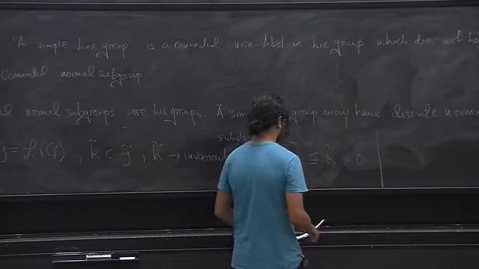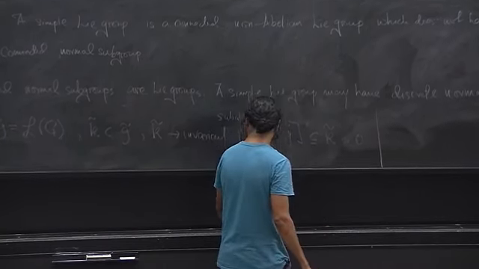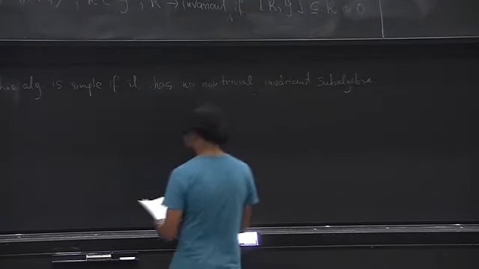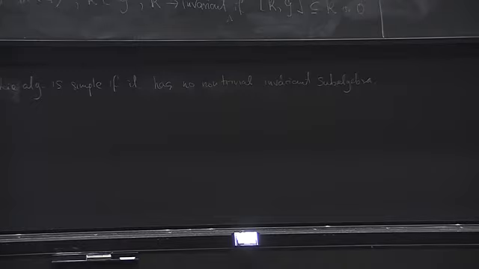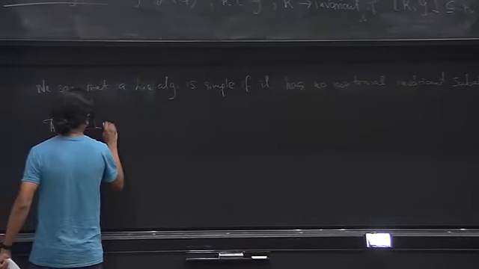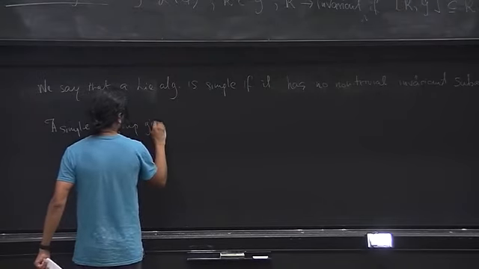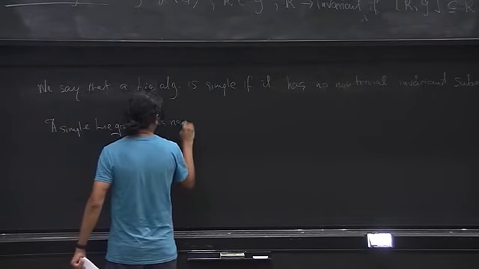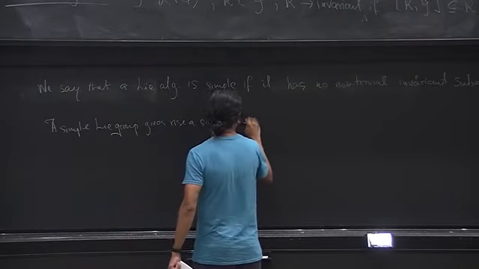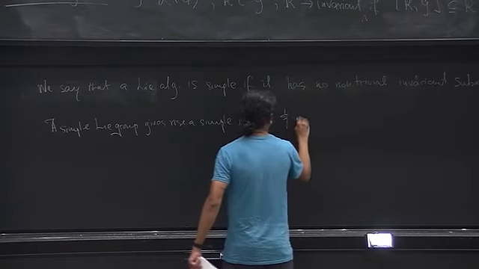Right, technically you don't need the zero because it's already included. Okay. So a simple Lie group gives rise to a simple Lie algebra and vice versa.